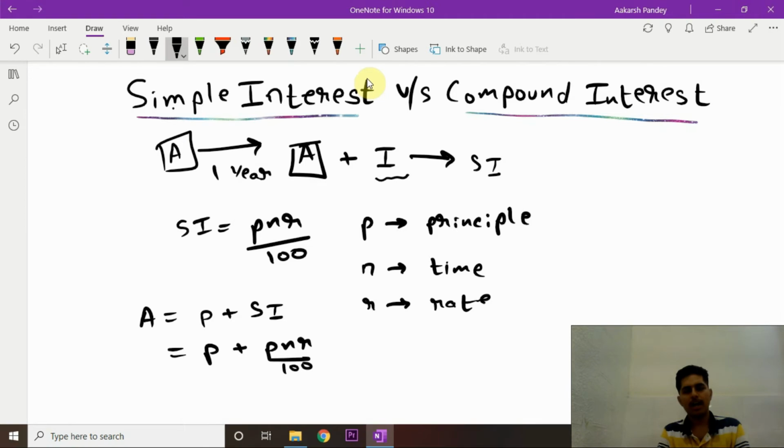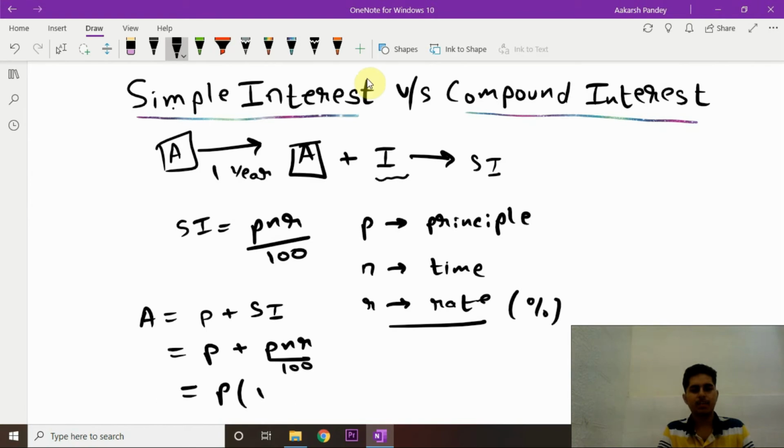Here R is actually the rate in the form of a percentage. That is why we have this division by 100, because we have taken R as a percent. It is 2%, 4%, or that way. Finally I can simplify this. I can take P as common, and 1 plus NR by 100. So this will be the amount payable if I have been calculating simple interest.